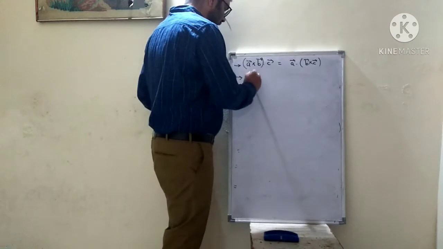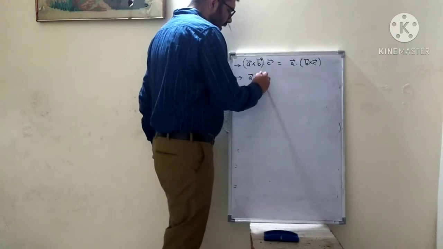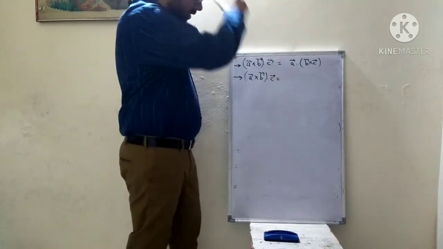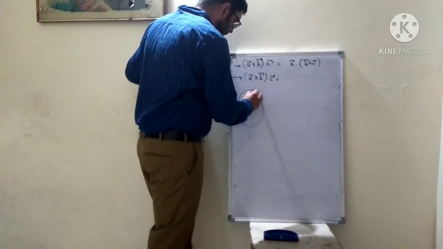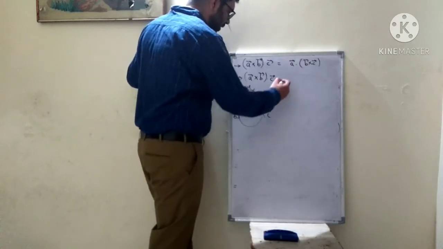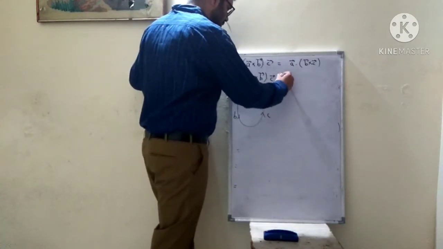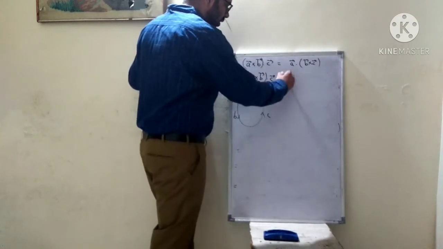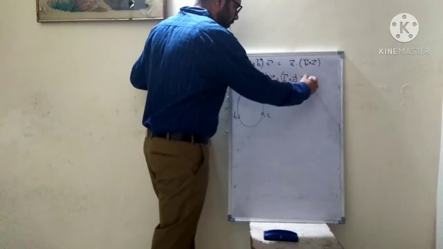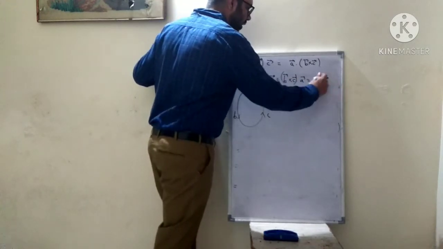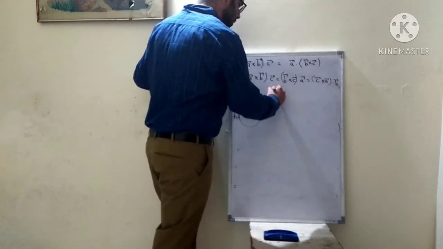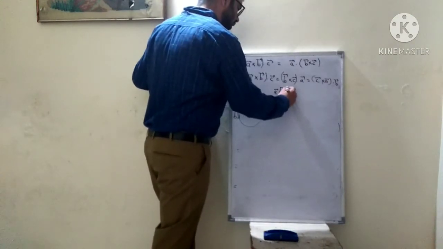Second important rule: if we have A cross B dot C, and we continue in the cyclic order, suppose this is A, this is B and this is C, then A, B, C is the cyclic order, so we can also write this as B cross C dot A, and we can also write C cross A dot B. Which means for A, B, C we have the box product like this.